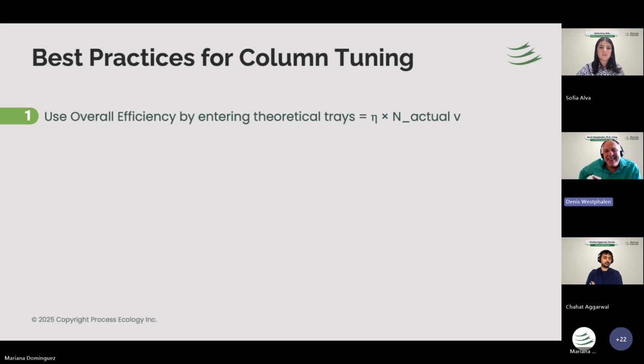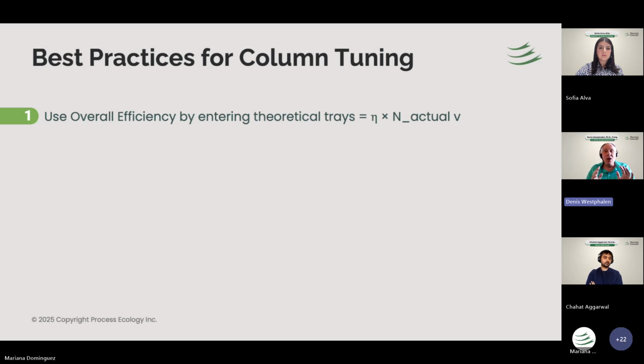I think the key message that you should take from this entire presentation, and if you go back to those charts that Shahad presented, is that if you use an overall efficiency or the Murphree tray efficiency, the results are not exactly the same.